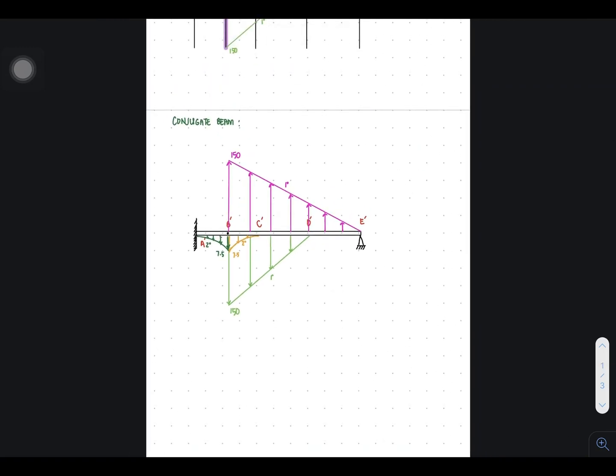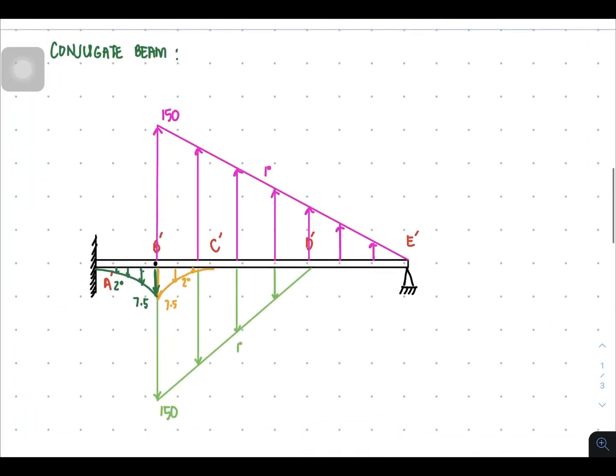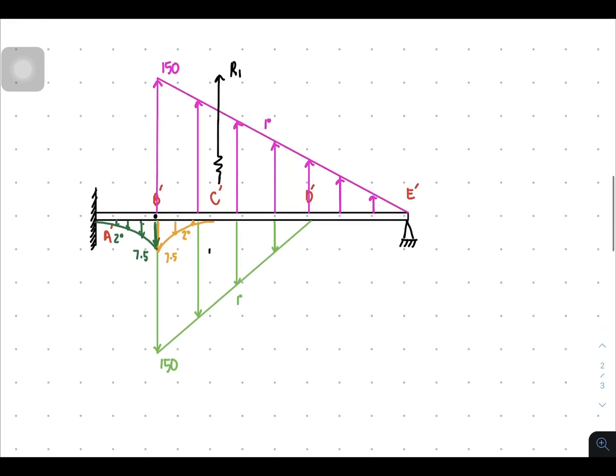So what's next is get the resultant. So I'll have here R1. I'll call this R2. Then we have here R3. So ito lang isibo gamay.